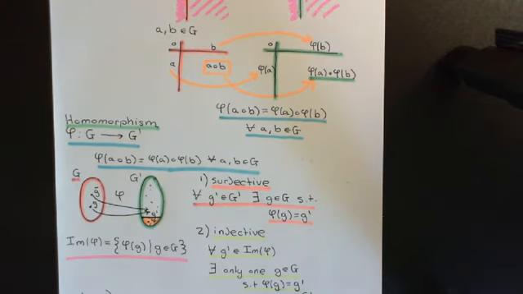Now the second and more interesting reason that a group homomorphism can fail to be bijective is that it fails to be injective. Injective is the fancy word meaning one-to-one.